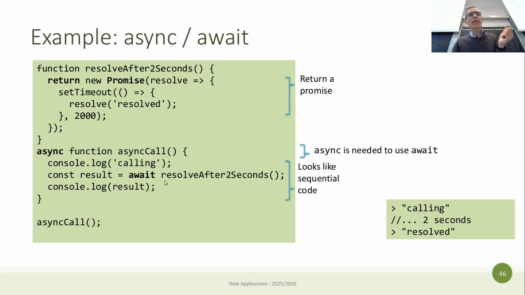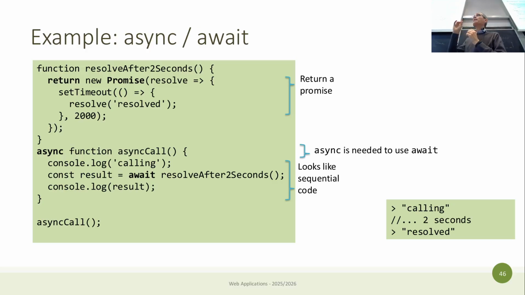But again, we said we can await on anything. So if the function returns a promise, it's an async function, so by definition it returns a promise. Or if it is a value, await will work. Okay? If it is a promise, it will wait for the promise to be settled, either fulfilled or rejected. Okay?